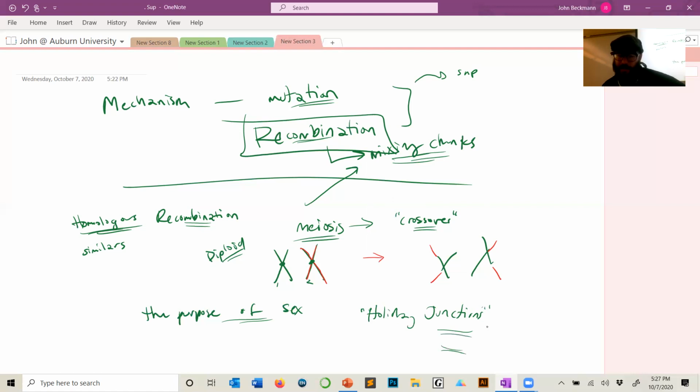If you have 2 sequences of DNA and they're similar, this strand can come down and bind to this one, and this one can come up and bind to this one. This is what's called a holiday junction, and this intermingling of the DNA strands creates scenarios where recombination results. So recombination happens mechanistically through these holiday junctions.